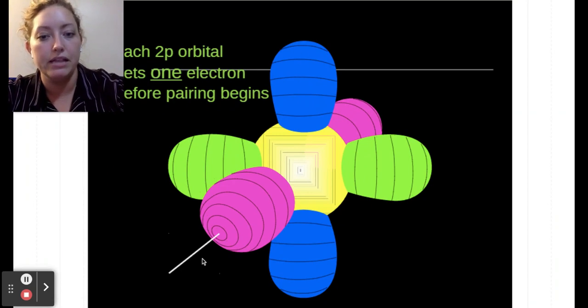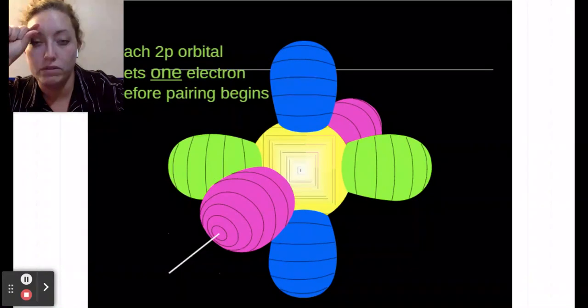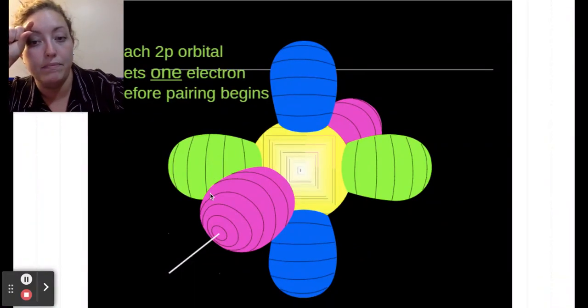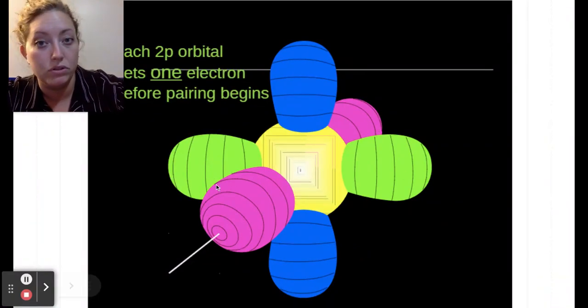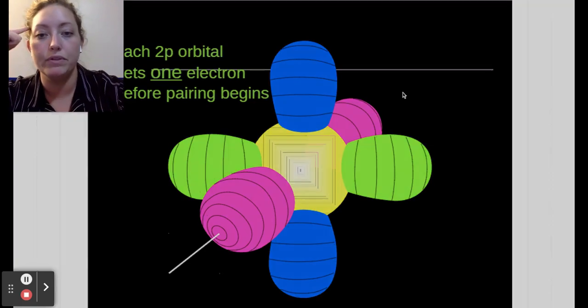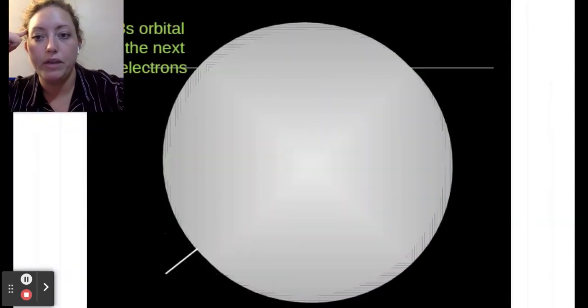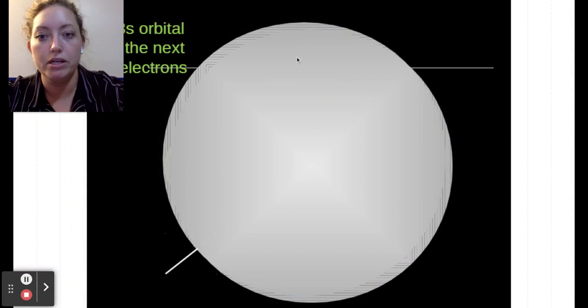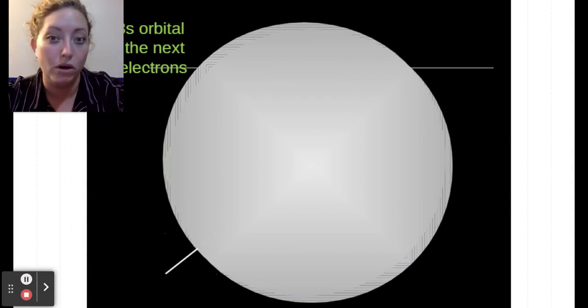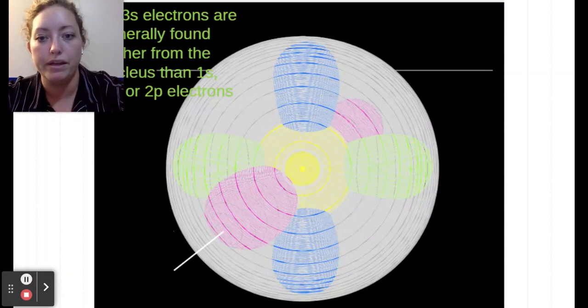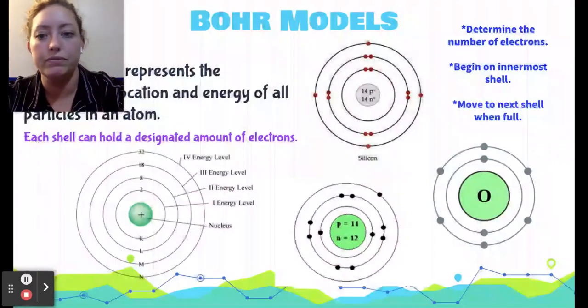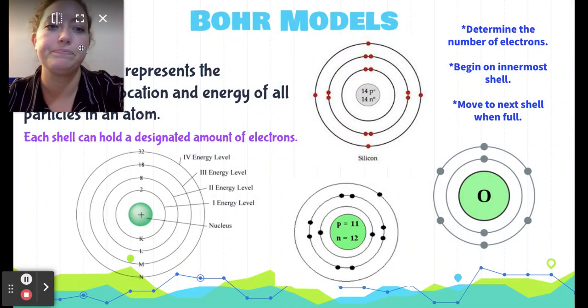Each of these little figure eights can hold 2 electrons, and then this larger sphere can also hold 2. So the very innermost, the tiny one, holds 2 electrons. The second level can hold 8, which hopefully you're familiar with. Okay, and then you would get bigger and bigger. So now you have this huge sphere that encompasses all of that. It can hold even more electrons. And you just keep going and going until you have enough room for everybody.